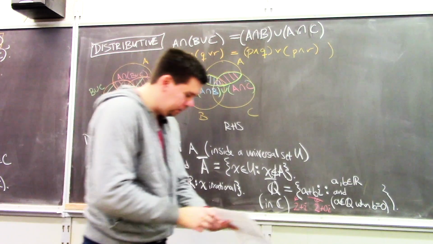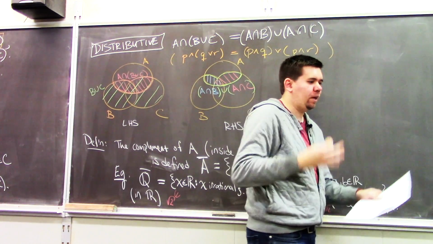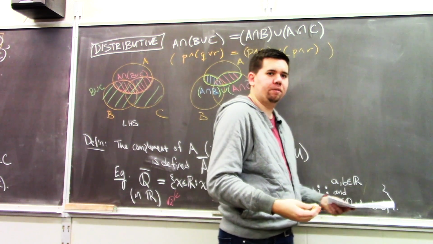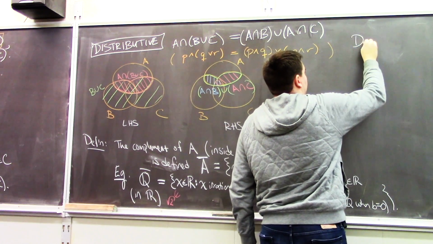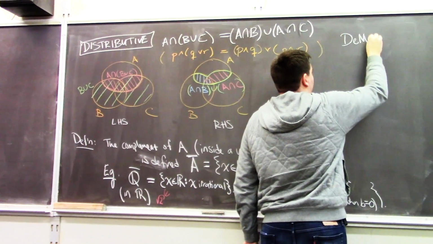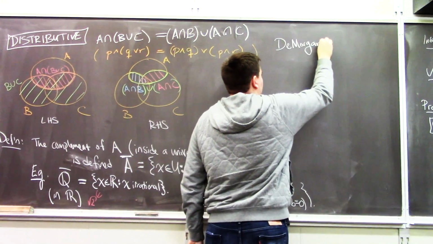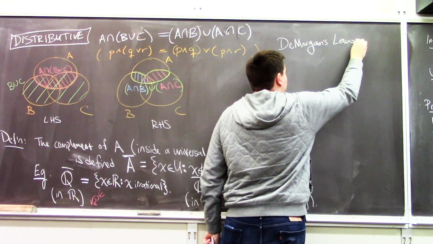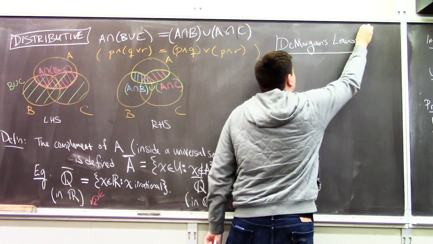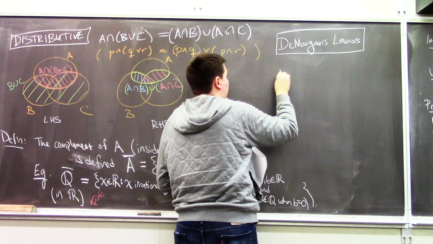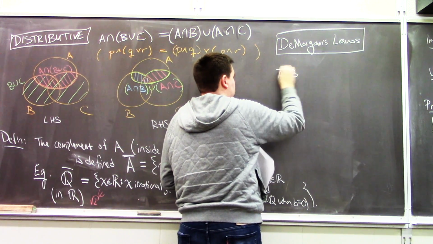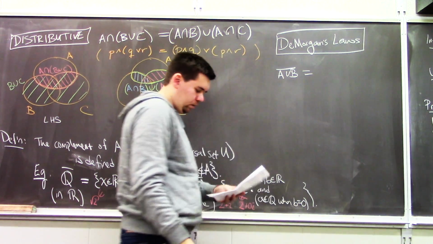Okay, that said, assuming we have our sets A and B being inside of some well-defined universe, let's discuss De Morgan's laws. So De Morgan tells us what is the complement of a union.